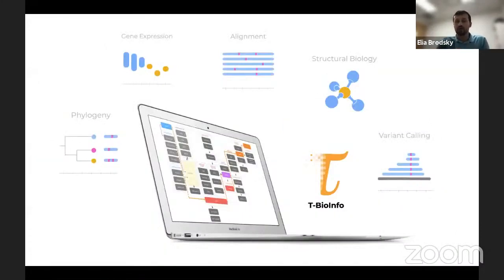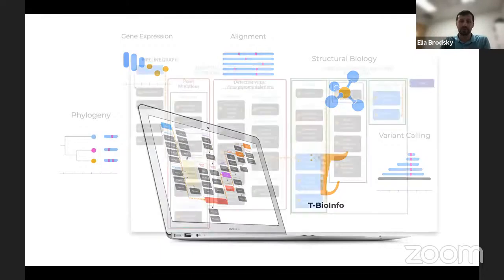We will introduce you to some user-friendly tools that are available on the tBioinfo platform to perform multiple types of bioinformatic pipelines that cover the phylogenetic analysis, variant calling, gene expression, and structural biology aspects of the bioinformatics workflow that are important to know in the context of such studies.